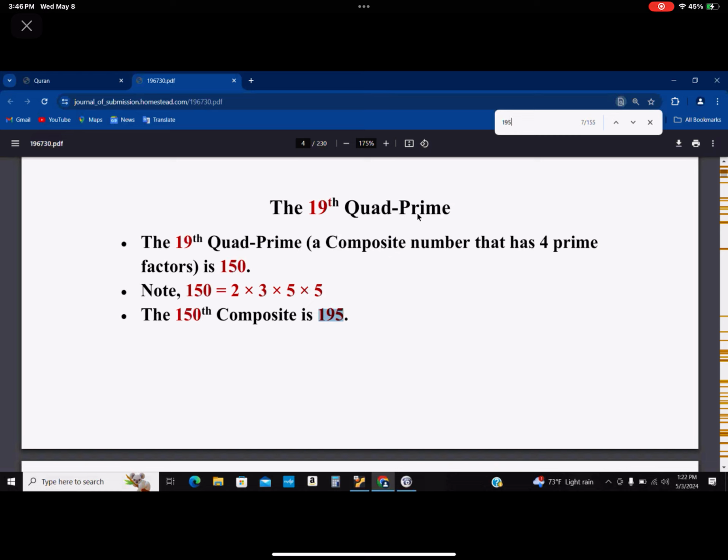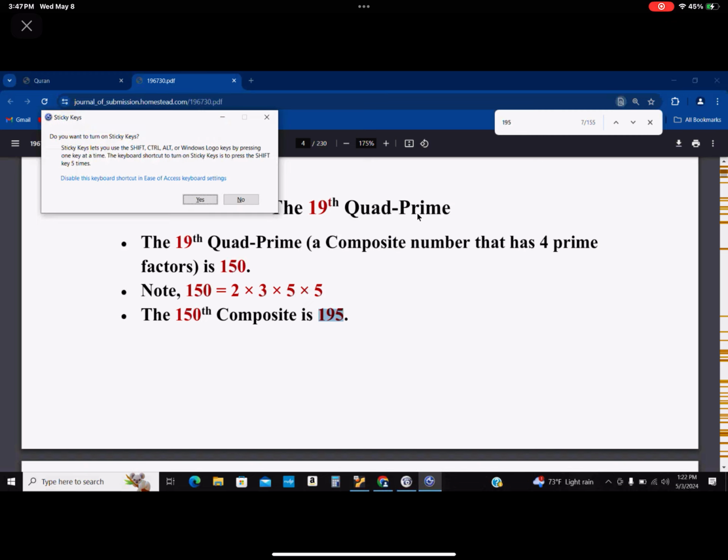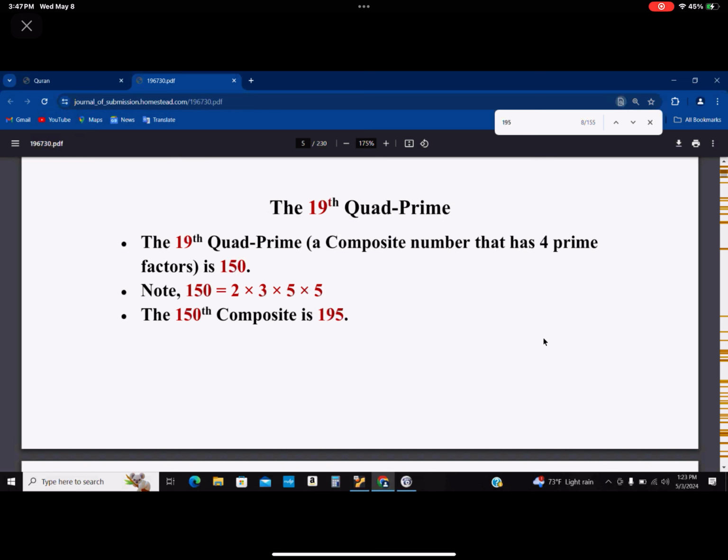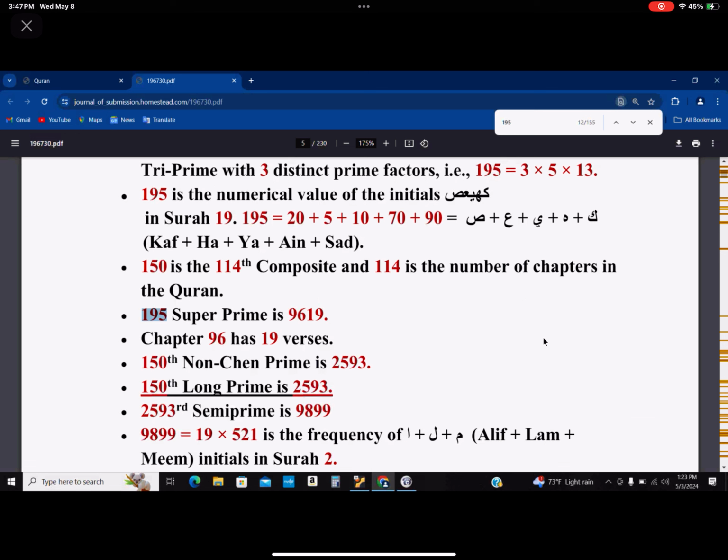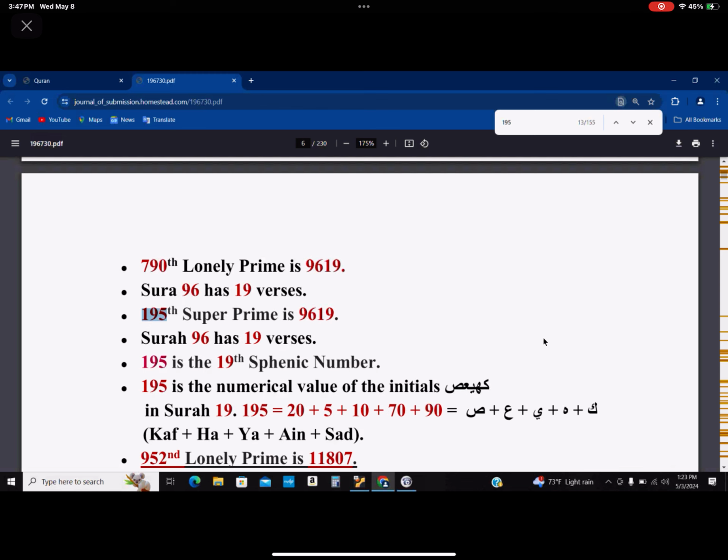But anyway, it's there. That's my point. So anyway, as I said, all of this information is available. There is more stuff here about 195, and more stuff again.